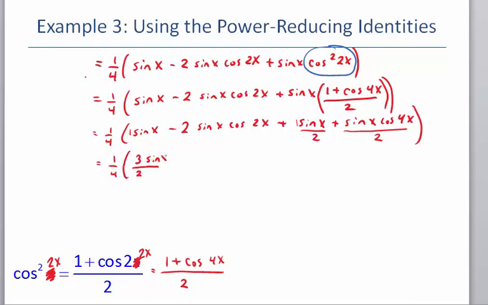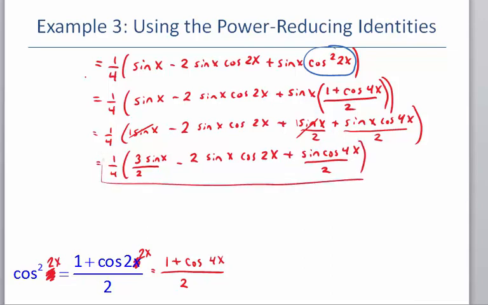So we have 3/2 sine x, and that's going to take care of those two terms. And then the other terms are going to stay as they are. And so with that, we have done what they've asked us to do. We have reduced this so that we do not have any powers bigger than 1. And we have done the simplifying that is easy enough to do to get it in the most simplified form.